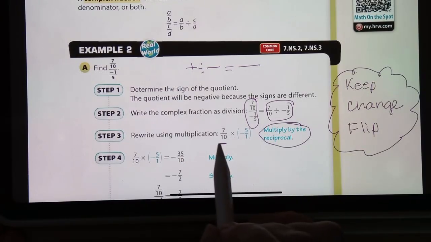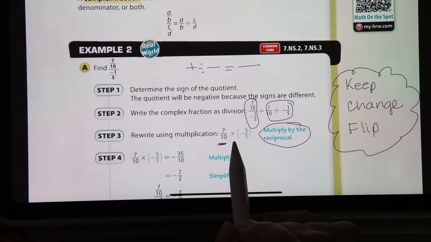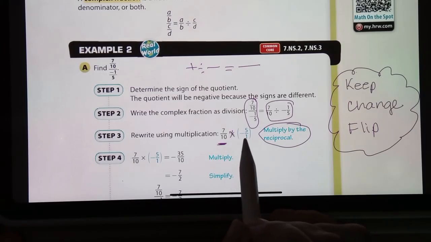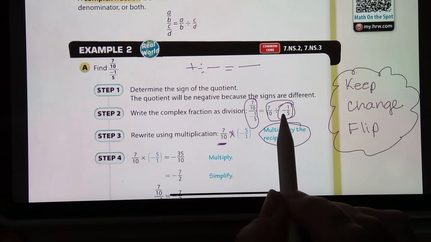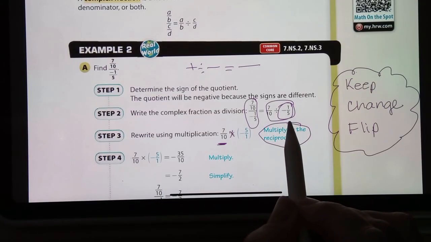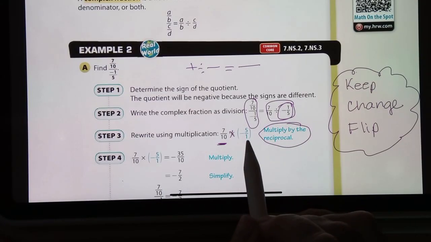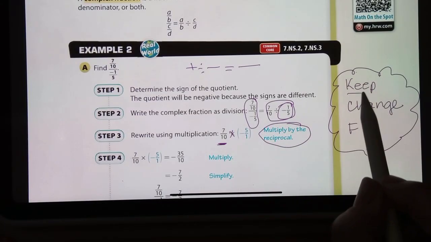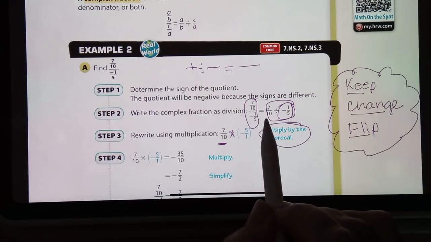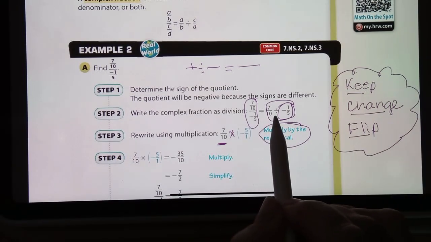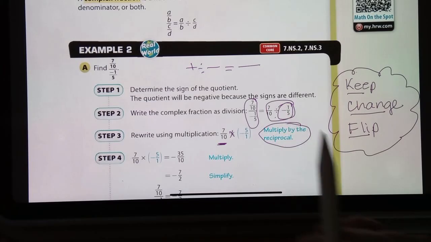You keep the first fraction, and you multiply now by the reciprocal of this fraction. So instead of 1/5, you flip it and it becomes -5/1. It's the same as keep, change, flip. Keep the first fraction, change the symbol to multiplication, and flip.